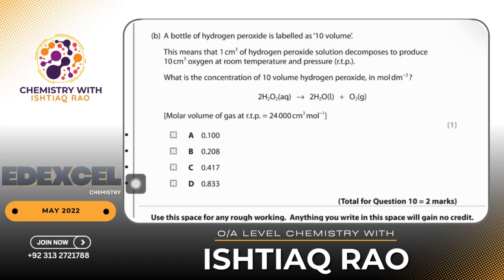Molar volume of gas is 24,000 cm cube. So it means that 1 cm cube of H2O2 decomposes to produce 10 cm cube of oxygen, right?